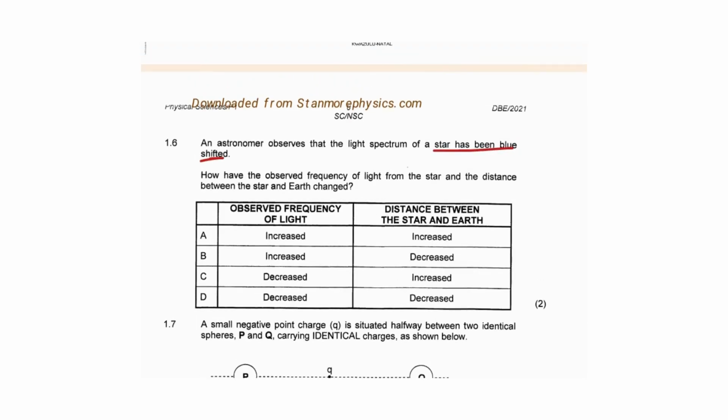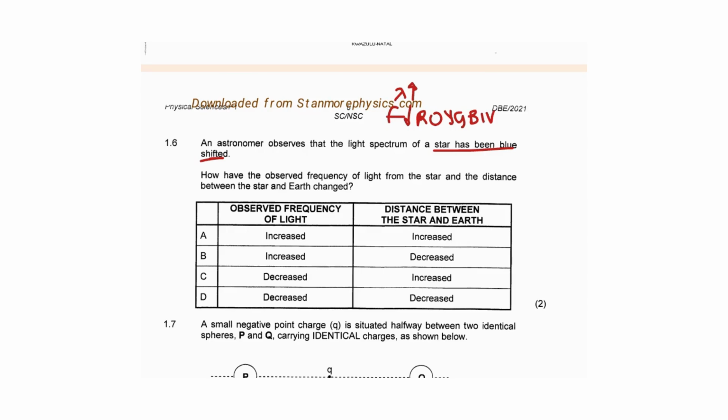So let us go back to revise the spectrum. We know that according to Roy G. Biv, I hope I wrote it correct. We know that on the red shift we have a greater wavelength and a smaller frequency.